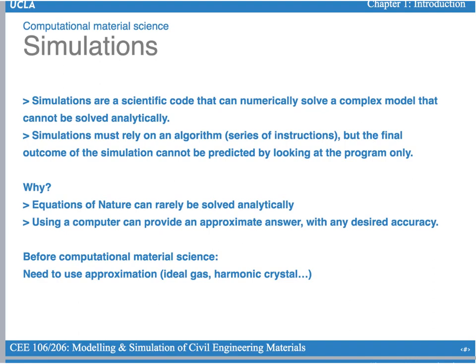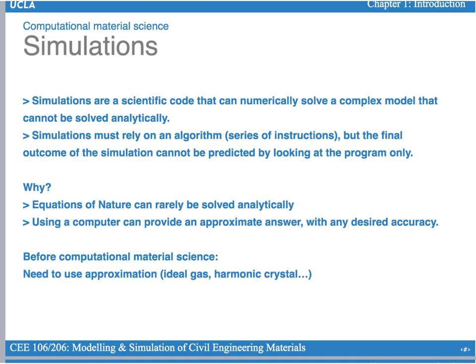If you are trying to solve the equation of state for a gas, then you would need to make some assumption, for example, to assume that it's a perfect gas where the atoms do not interact with each other, do not have any size, and will just collide perfectly elastically with each other. You will need to make some assumptions to simplify your system until the model can be solved analytically.